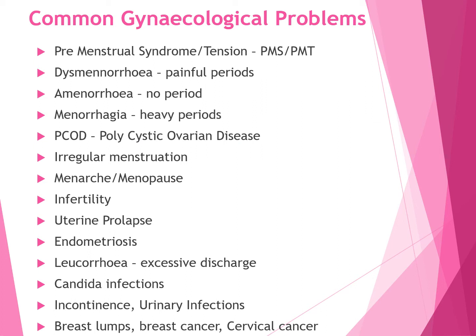All of you know what is the normal menstrual cycle. Now we will see some common gynecological problems. First is premenstrual syndrome. This is a physical or mental problem which occurs before menses.